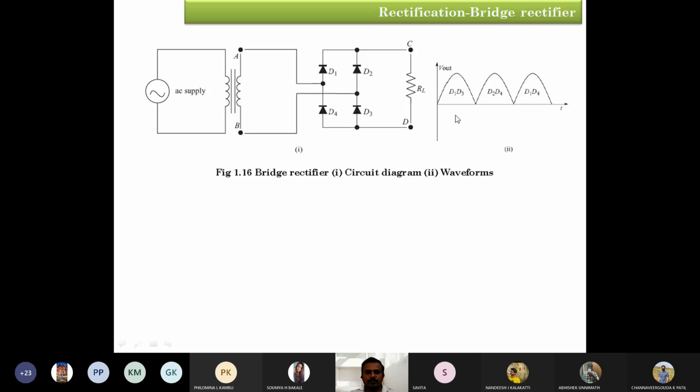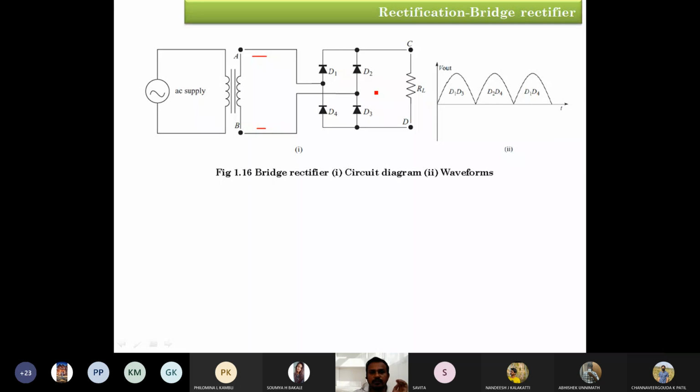So once again, let me repeat how the bridge rectifier connection will be. Here it is the transformer secondary, where two lines, the A and B terminals, come from the transformer secondary, and these two terminals are connected to the diode circuit. Before going to that connection, we concentrate on how the diodes are connected together.